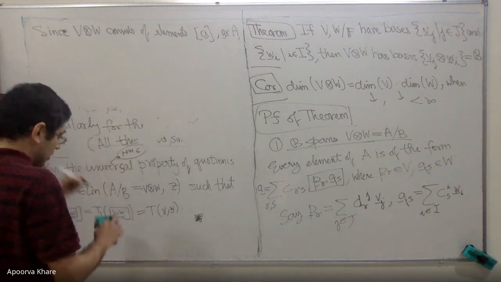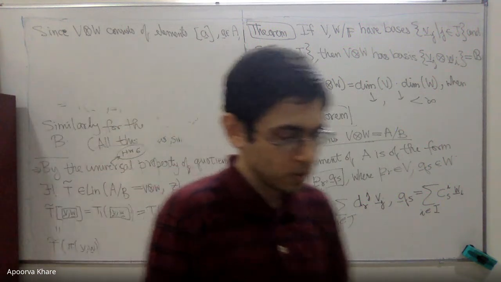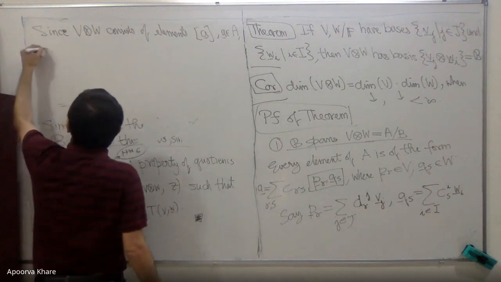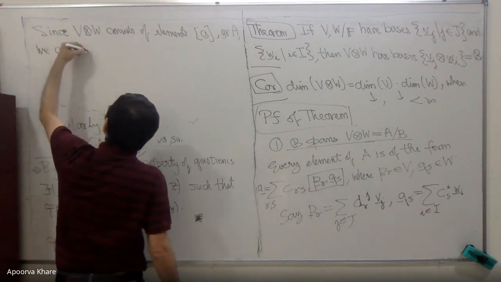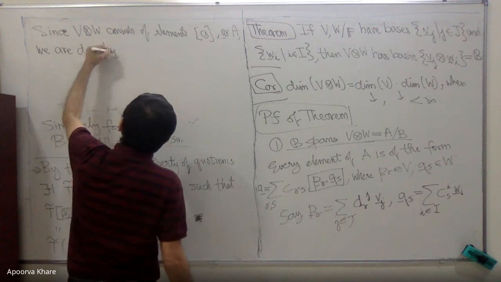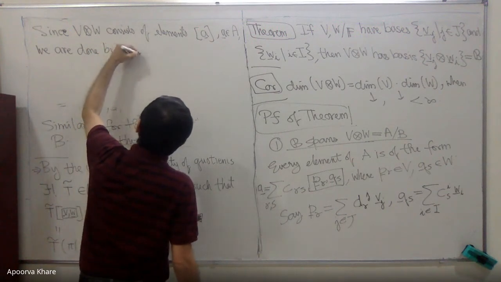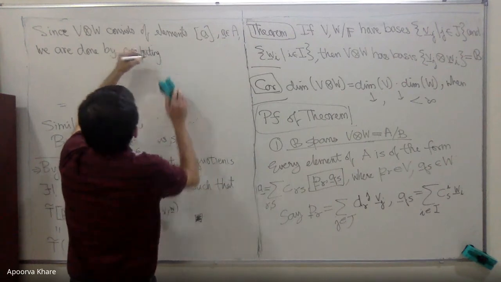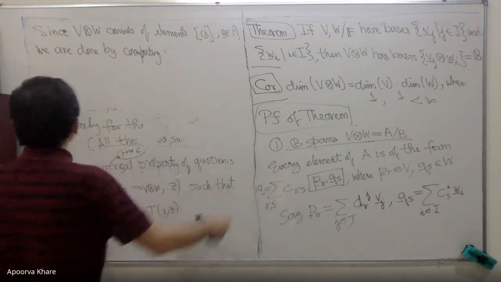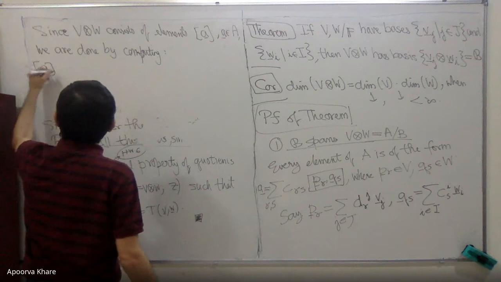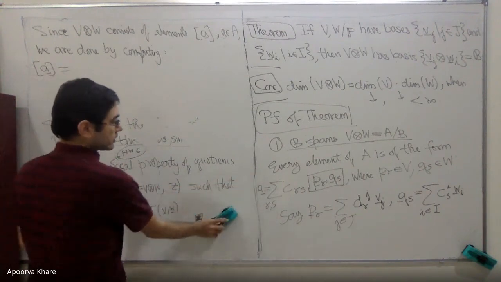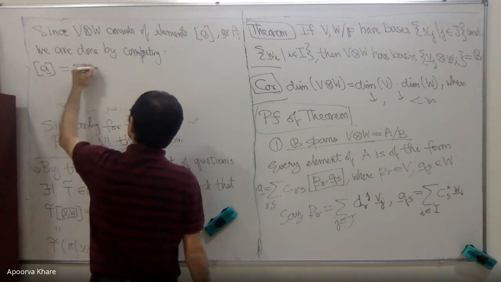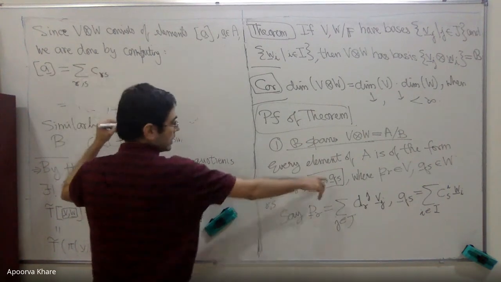Since we now compute, we are done by computing this equivalence class of A. Again, by the quotient vector space properties, this is the summation over R and S, of course it's a finite sum, of C_RS times the class of (P_R, Q_S).